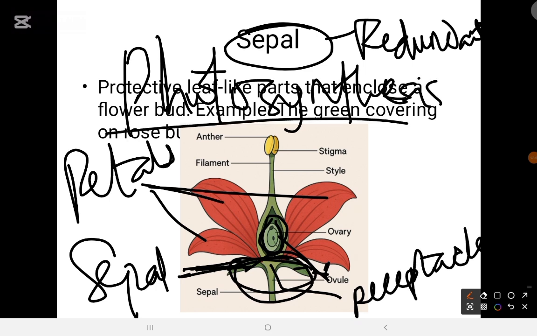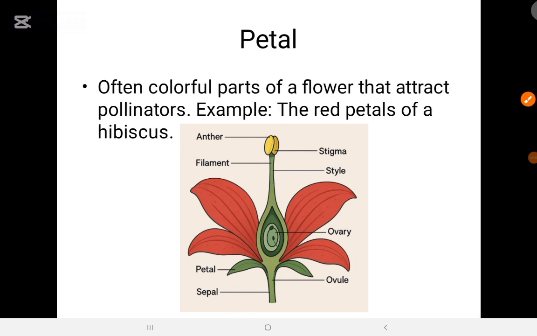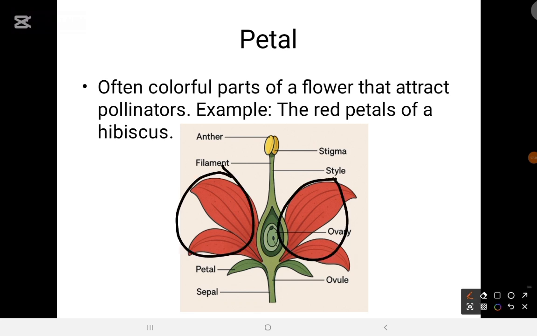But it had a major role in the early life of the flower, which was to protect the young flower, which was then a bud. Now the petal is this colorful reddish part of the flower that attracts pollinators, especially insects.